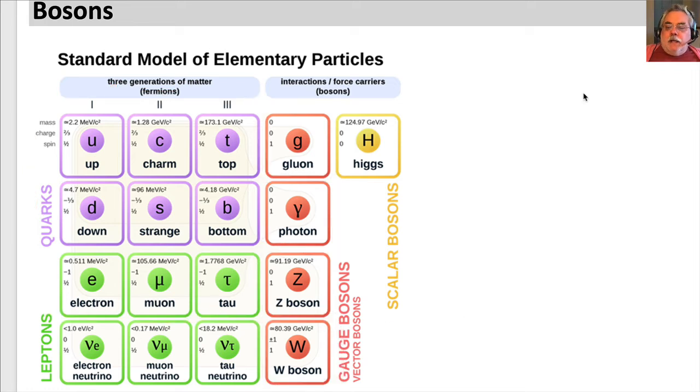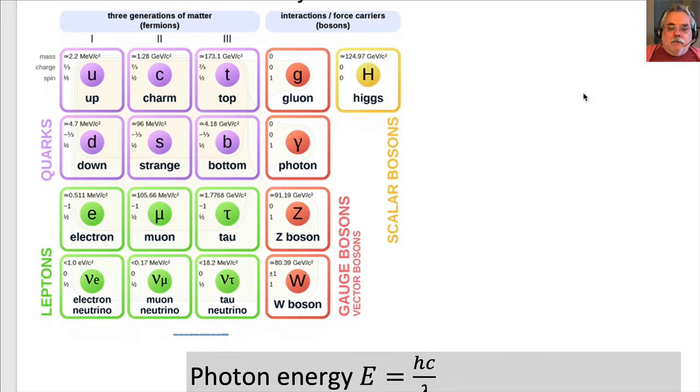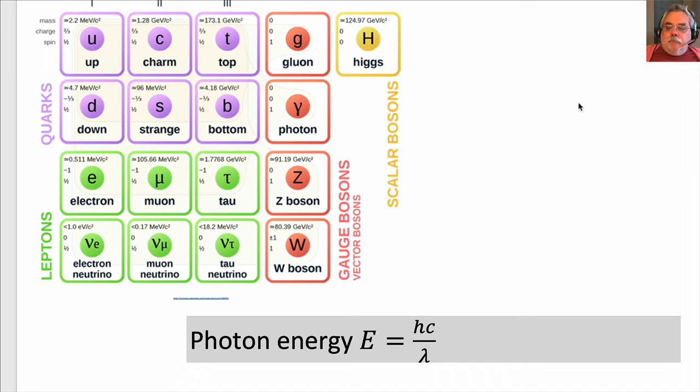A photon has energy that is inversely proportional to the wavelength of light or electromagnetic radiation. Photon energy is Planck's constant times the speed of light divided by the wavelength of the electromagnetic radiation.